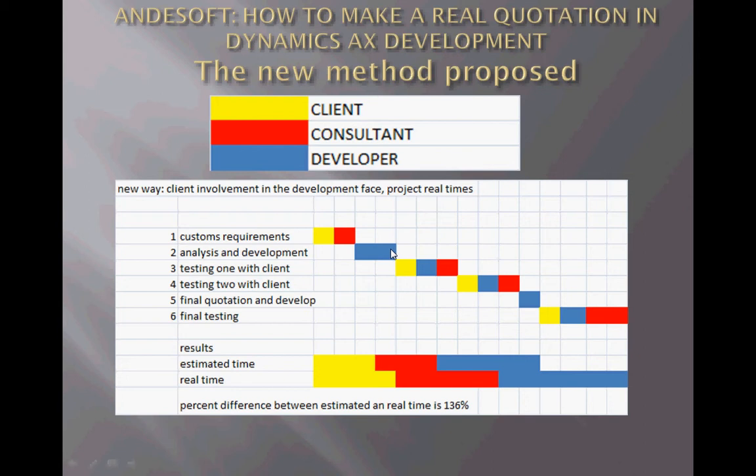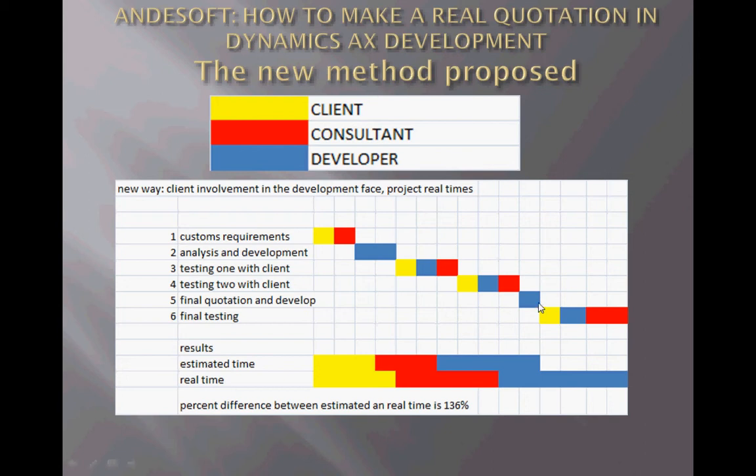But before he makes a quotation, he has two or three periods of meetings in which he takes time to talk with the client and with the consultant. Testing 1 and testing 2. Here, he has more interaction with the client and with the consultant. At this point, he can make a really good quotation which is more accurate and real.